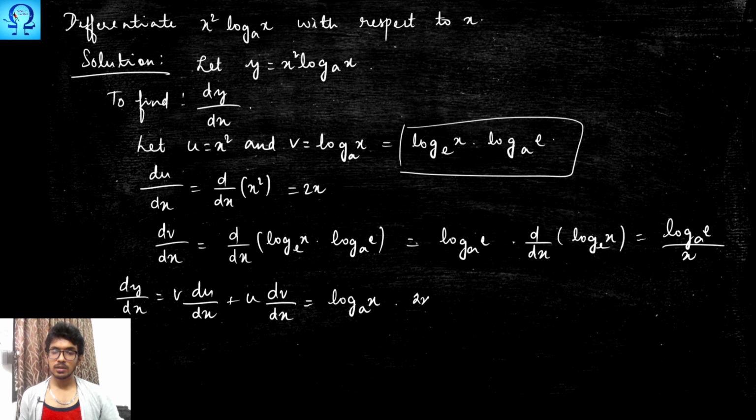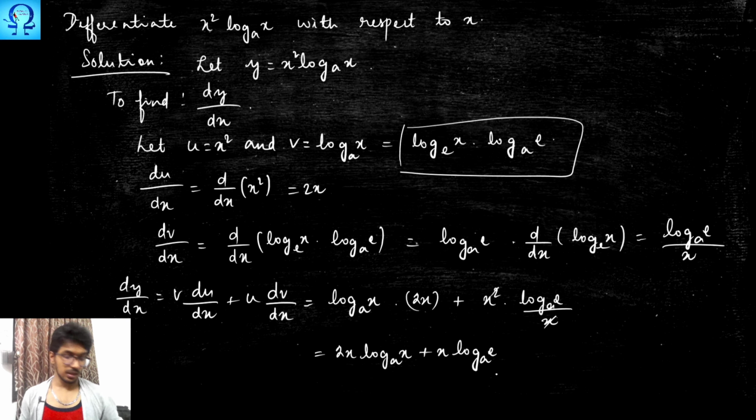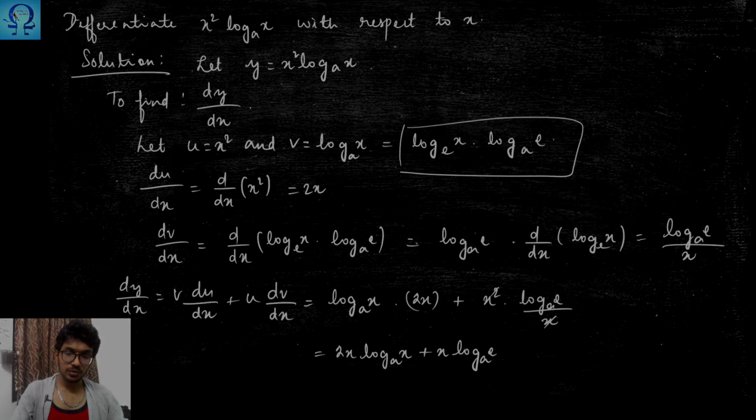It is 2x. u is what? It is x squared, and dv upon dx is log e to the base a upon x. Here x and x get cancelled, so the answer is 2x log x to the base a plus x times log e to the base a, right? So we'll move to the next problem.